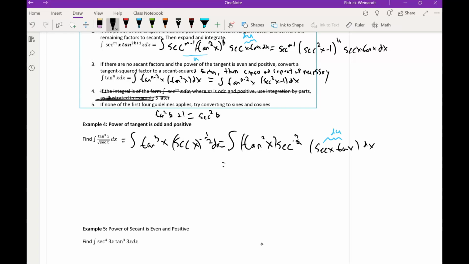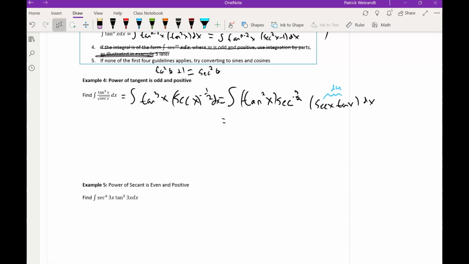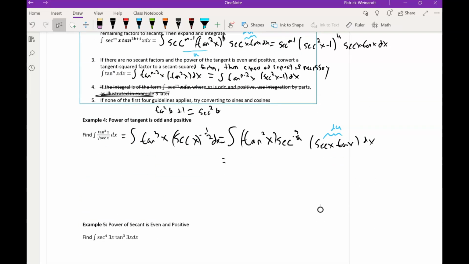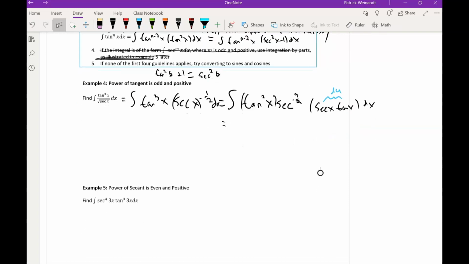So tangent squared of x: if you use the Pythagorean identity above and isolate tangent squared, we subtract one to the other side. We know that tangent squared is the same as secant squared of x minus 1, so the integral of secant squared of x minus 1 times secant to the negative 3/2. And then we have that du, secant x tangent x dx, which we're just going to bring along for the ride.